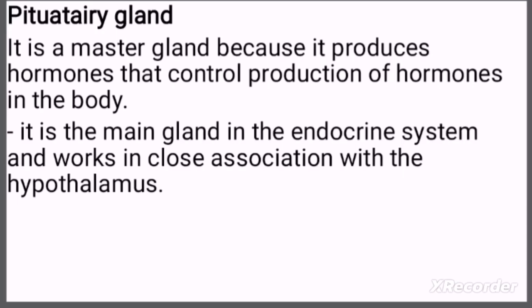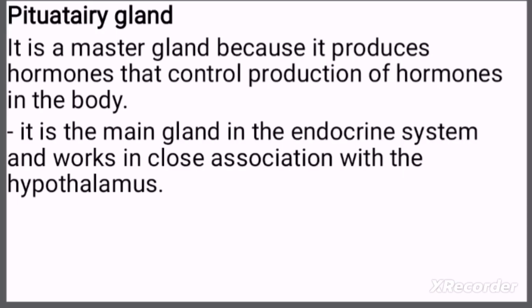So the endocrine system differs from the nervous system in a way. The endocrine system is a process where impulses move from one part of the body to another through blood. So which impulses are we talking about?